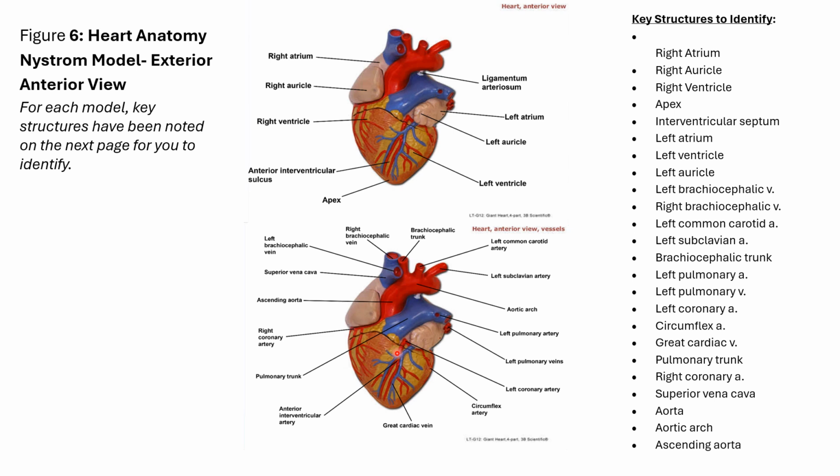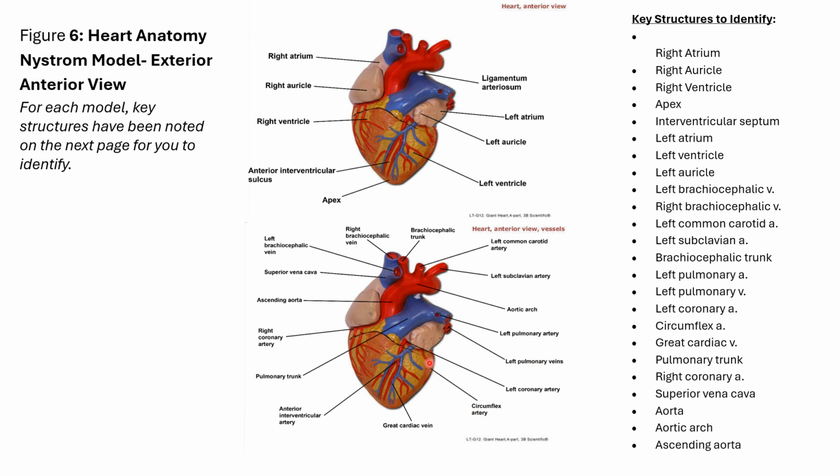This left coronary artery is going to give rise to the anterior interventricular artery. This anterior interventricular artery is running in the anterior interventricular sulcus, and it is accompanied by the great cardiac vein. This blue vein is the great cardiac vein, you can see here. And then this circumflex artery is on the side.